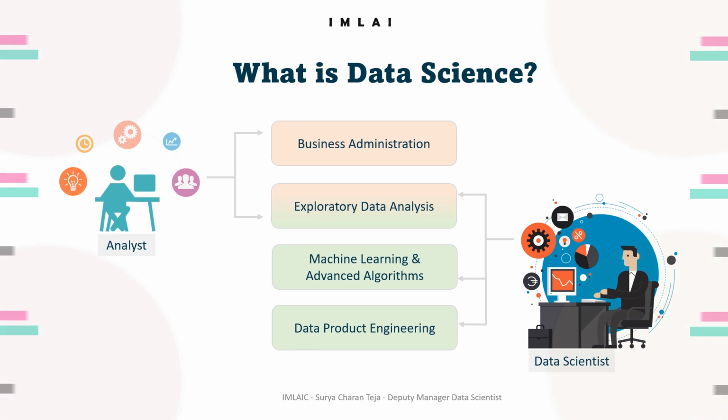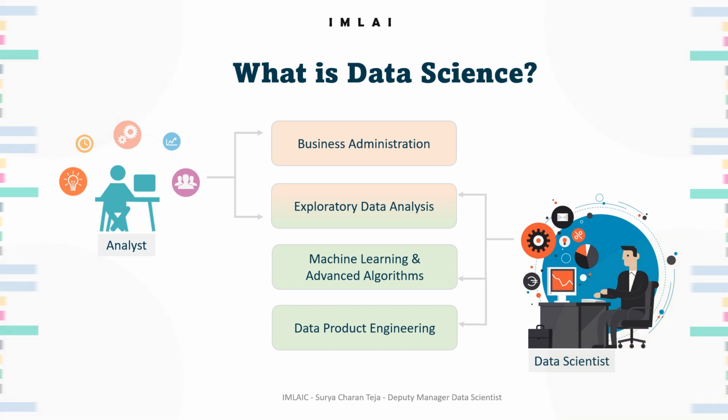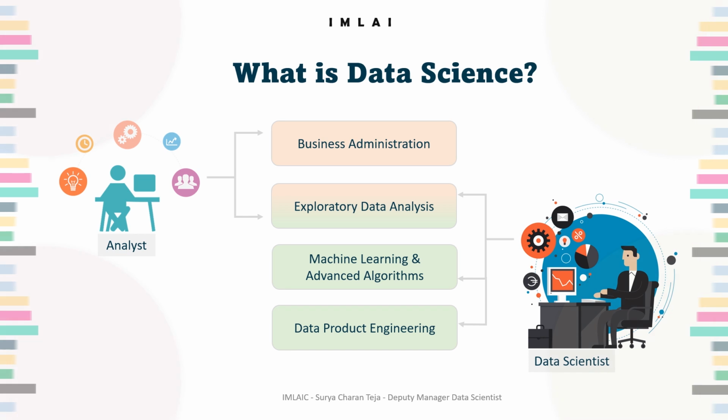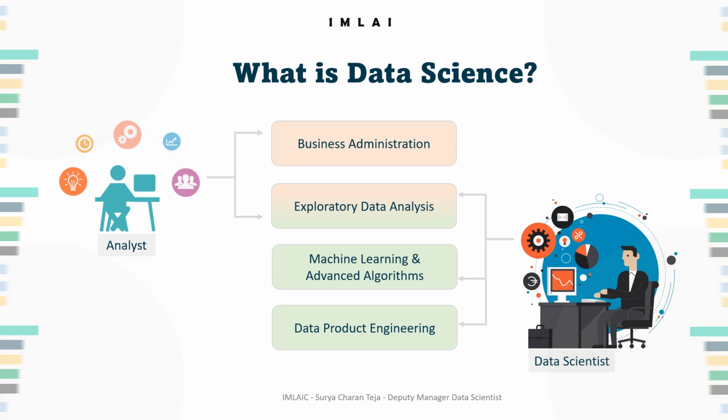An analyst is typically responsible for analyzing data to identify patterns, trends, and insights that can be used to inform business decisions. They often work with structured data such as sales data or customer data and use tools such as spreadsheets, SQL, and data visualization software to analyze and present their findings to the higher authority.